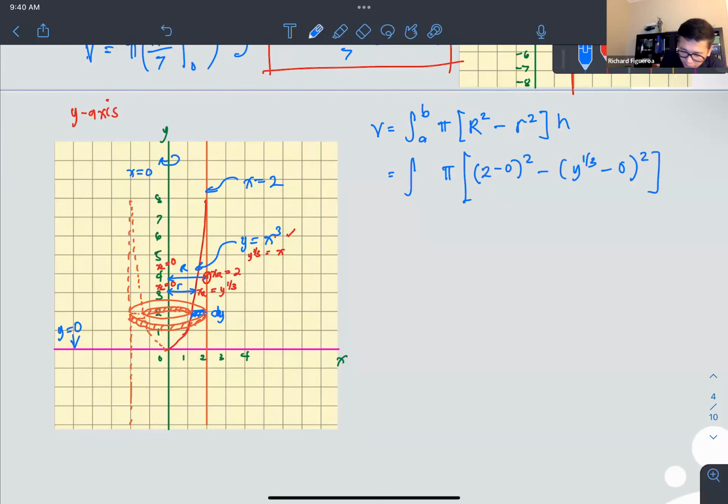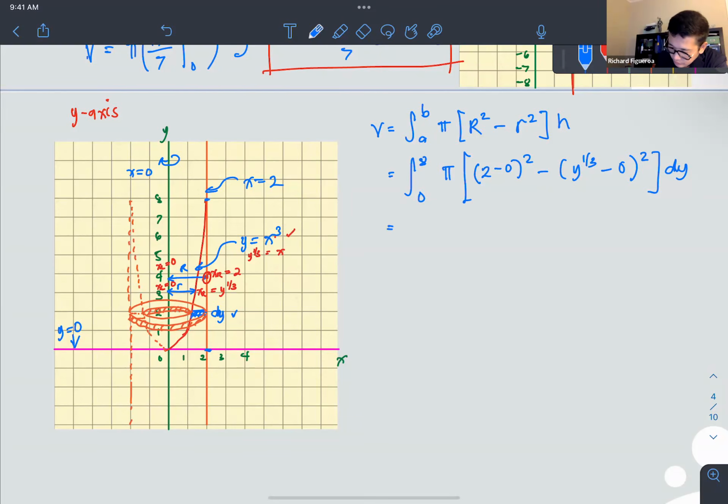And ang height natin, yung dy. So since dy yan, hanggang saan ba pwedeng mag-move itong ring na to? Kasi movable din itong ring na to eh. So mag-i-start siya sa 0 hanggang doon sa pinakataas, which is 8. So 0 to 8. So from 0 until y is equals to 8.